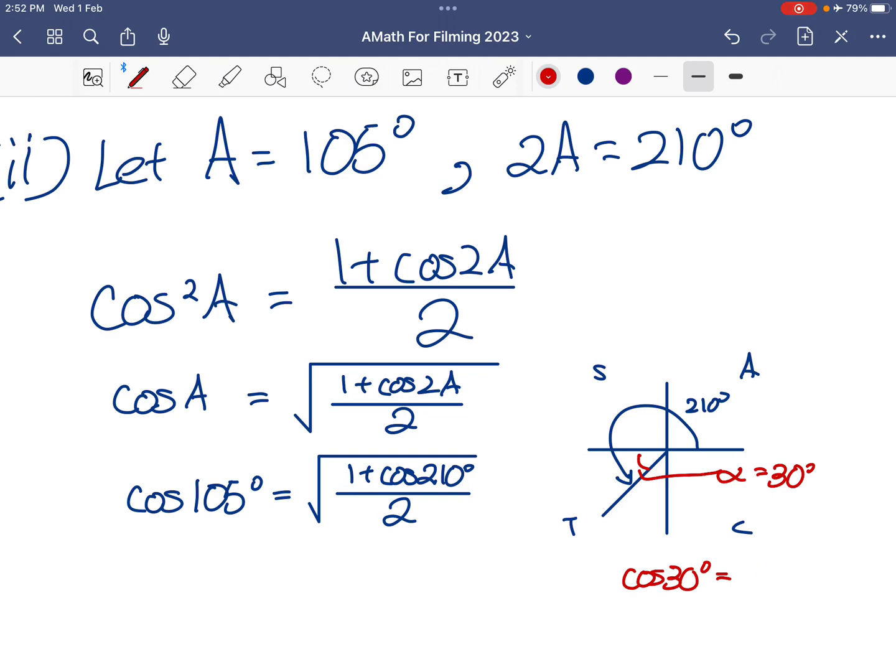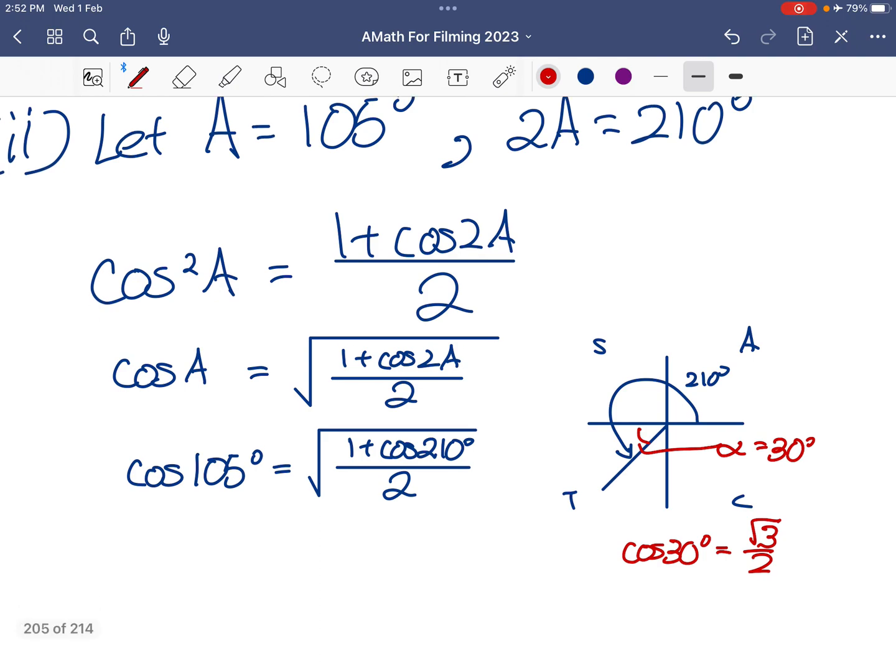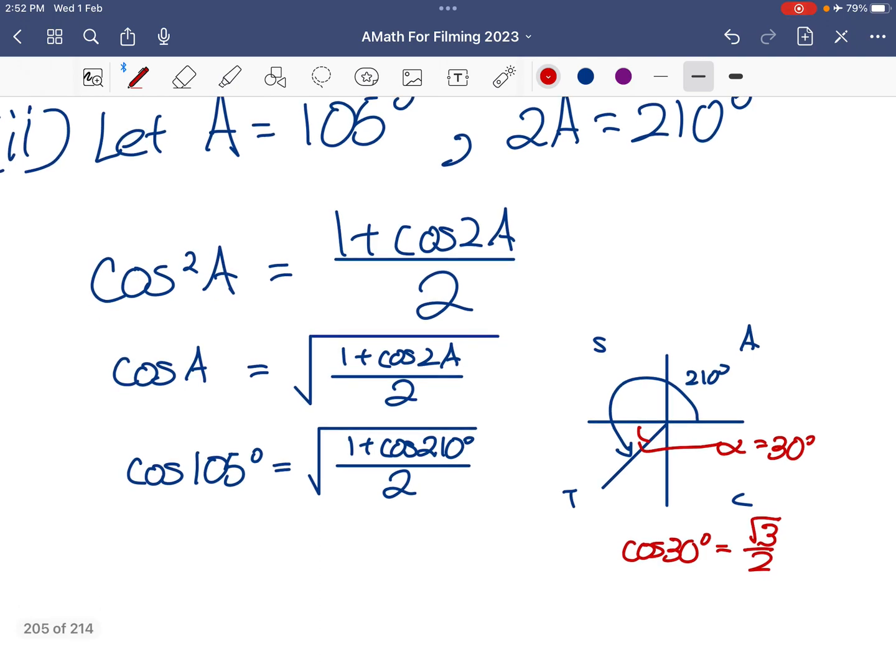This is a special angle that you should remember, which gives you square root 3 over 2. But do not forget that since 210 is in the third quadrant, cosine is negative. Hence, cosine of 210 degrees is equal to negative square root 3 over 2.